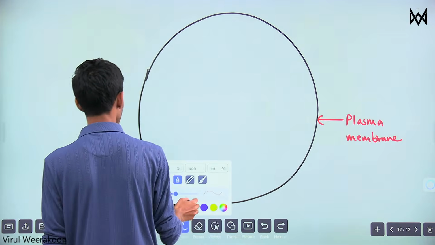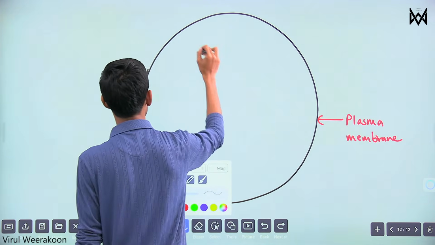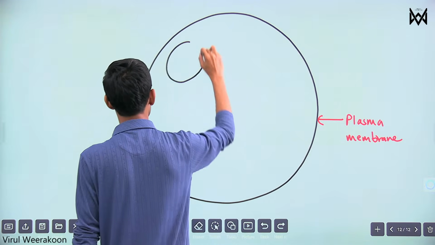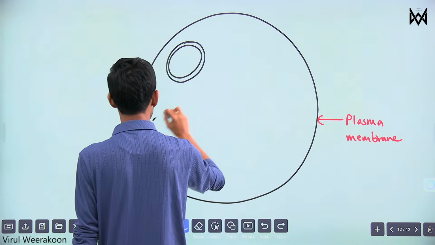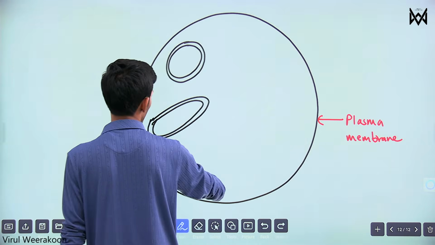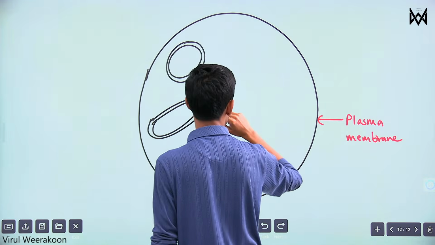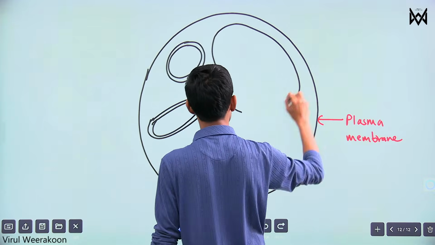Then you will notice double membrane bounded organelles like this. Then you will note single membrane bounded organelles like this.